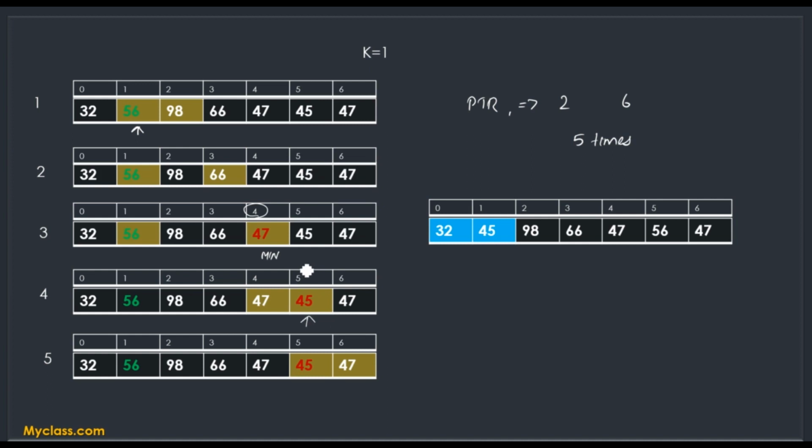So the new min is 5 now. Now we are checking this value and this value, and here also we can find that 45 is the smallest. We got our minimum at the index value 5. So we are swapping A of 1 and A of 5. That is, 45 is here now and 56 is here now.